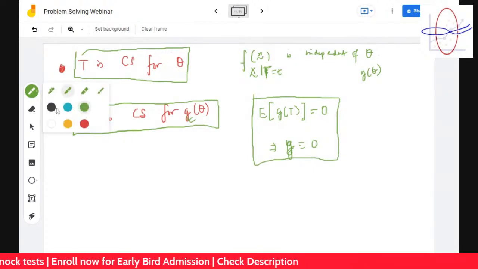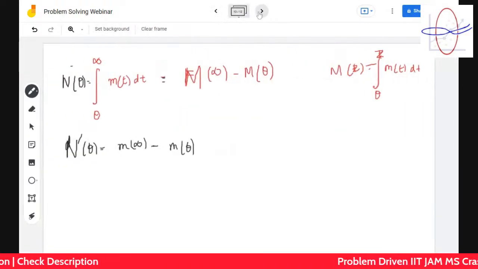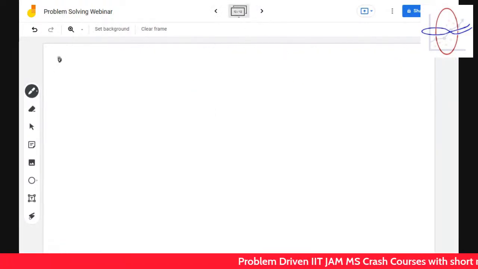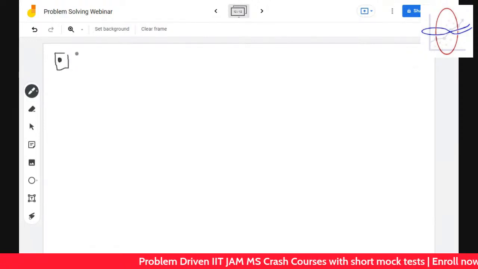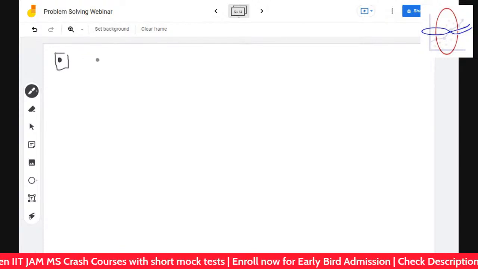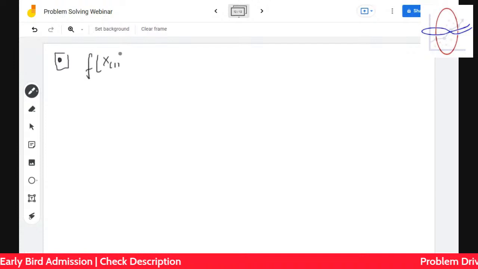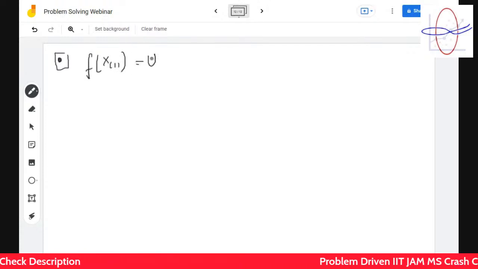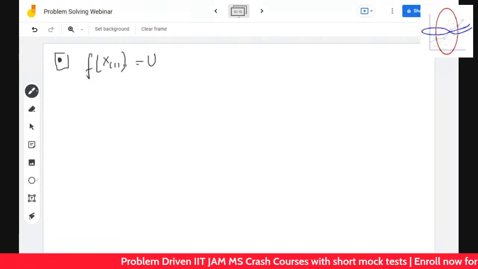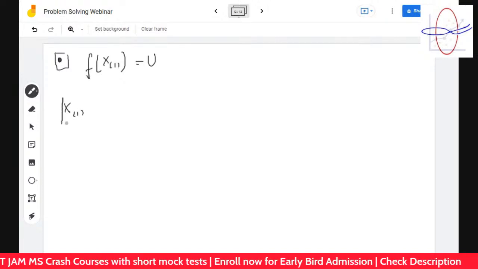That is done. What else? The other thing that we really need is to find an unbiased estimator that is a function of T, complete sufficient. We can do it in two different ways, but the easier way is to find the expectation of x1.